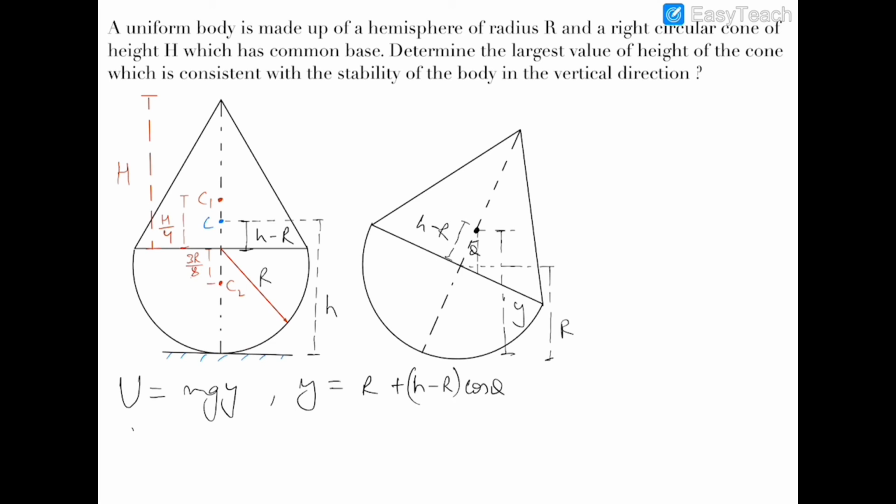This height will be h minus r cos theta. So the potential energy of this system will be mg times r plus h minus r cos theta.